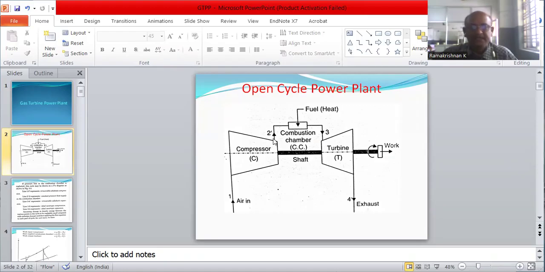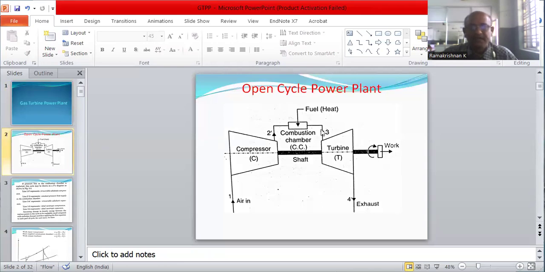Then the highly pressurized air goes to the combustor, where fuel is supplied externally. By igniting the fuel in the chamber, the air becomes hot gas. Here, let us assume that the air follows the ideal gas laws.